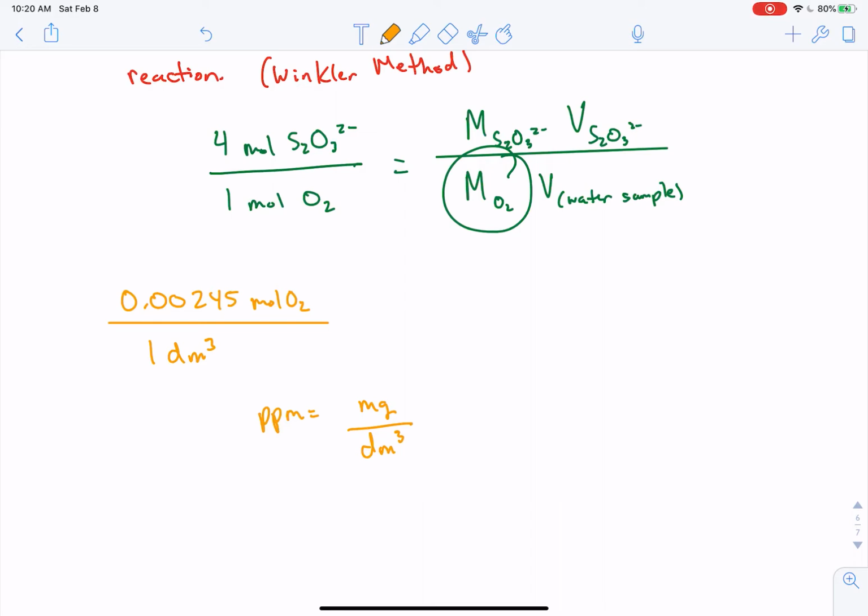So we have to convert moles of O2 to milligrams of O2. And so the first thing we have to do is convert moles to what? Grams, which is 32 grams of O2. And then we have to convert 1 gram of O2 to 1,000 milligrams of O2.